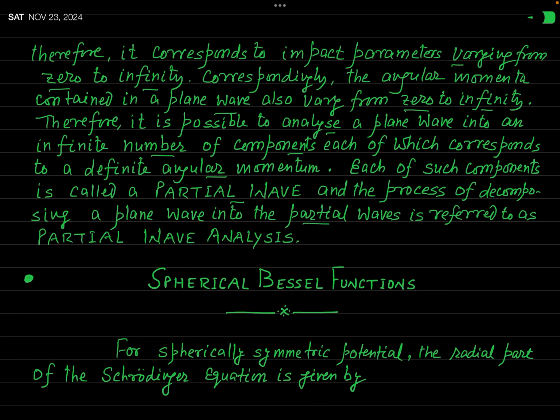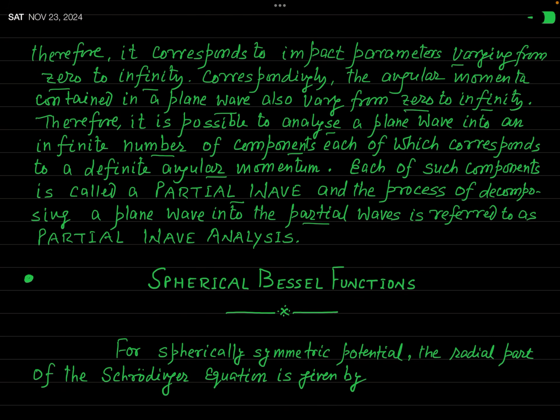I hope you have a concrete knowledge of the Schrodinger equation in spherical polar coordinates, particularly when you study the problem of central potential in quantum mechanics. For example, you have definitely studied the hydrogen atom. Then you have definitely seen that the Schrodinger equation, which is set up for a particle moving in a central force field or under a central potential, actually has three parts.